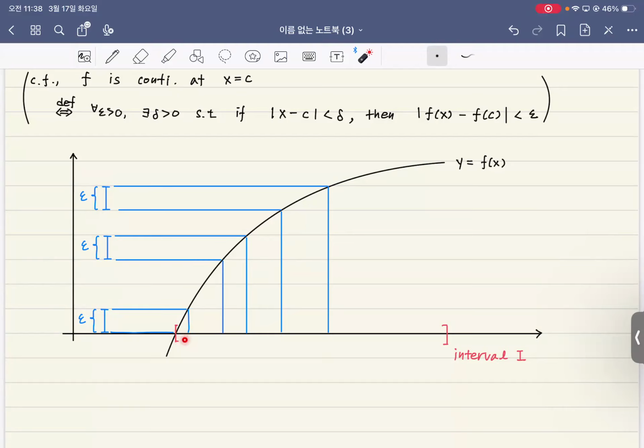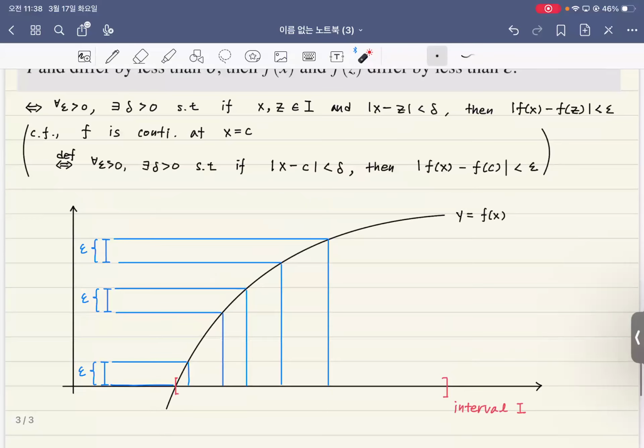Then for this delta, if my x and z differ by less than this delta, then the difference of the function values is known to be less than epsilon. So this is going to be my delta. Okay. And this time around, what if I choose an even smaller epsilon?